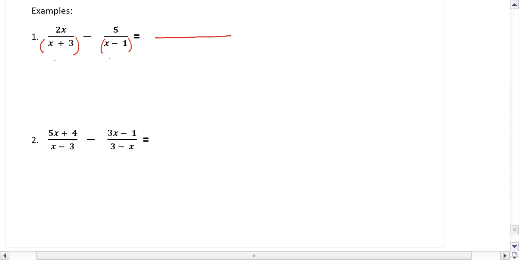So I need to set up two brand new fractions with common denominator using all the factors. In this case, it's just a two-part denominator, and I'm going to write down both parts for both denominators. So the common denominator is x plus 3, x minus 1.